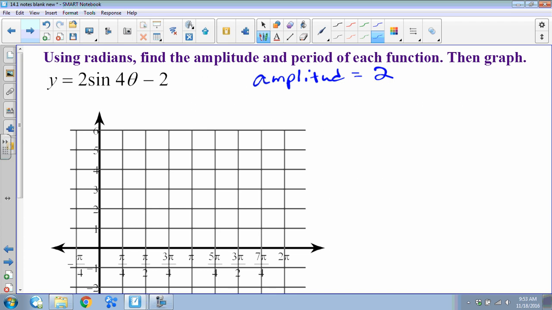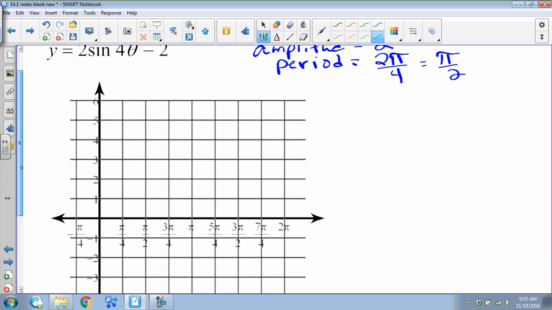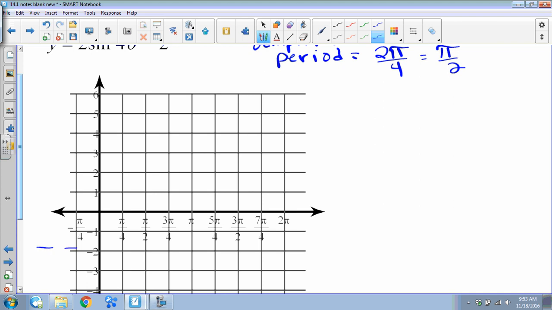Okay, I'm not going to graph it yet. The period. So it's radians, right? So it's 2 pi divided by what? 4. So the period is pi over 2. Okay. It got shifted. My midline moved where? Good. My midline moved down 2. So here is my new midline.